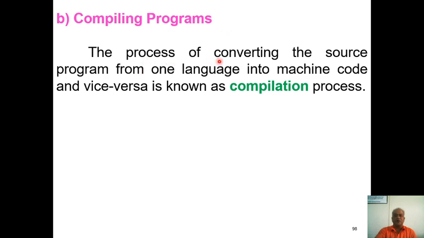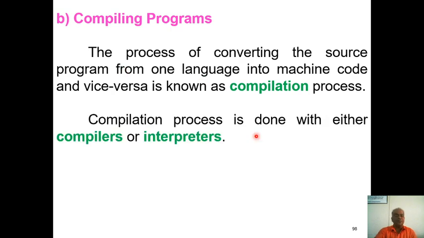The process of converting the source program, which in general is in high level language, into machine codes is known as the compilation process. For execution, you first need to compile the program.